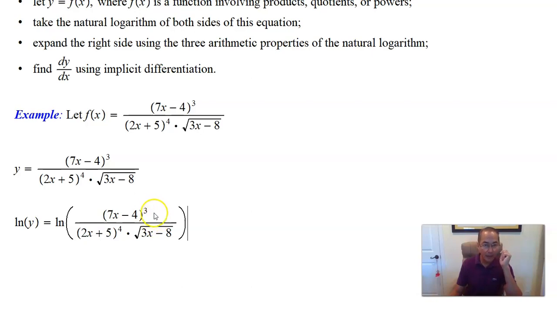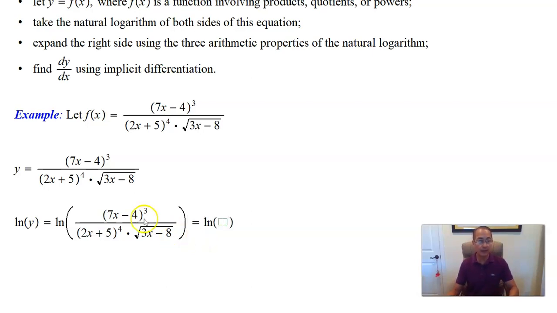I would suggest we do the quotient rule first, because look at the big picture. We have a numerator divided by a denominator. So this naturally presents itself for the quotient rule.